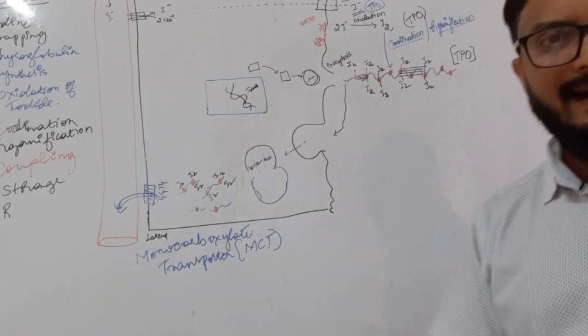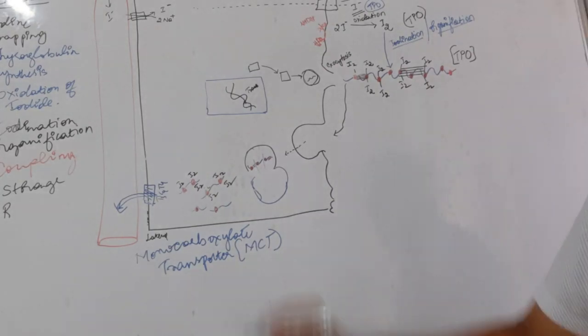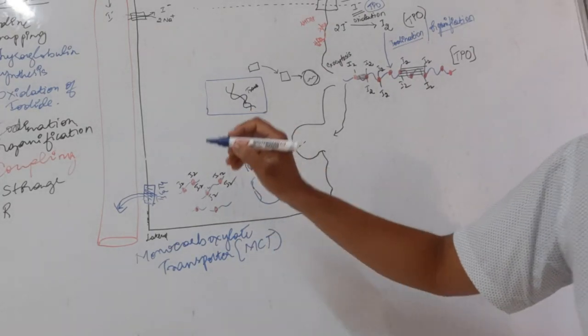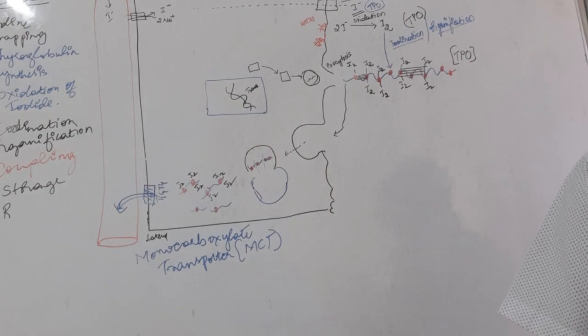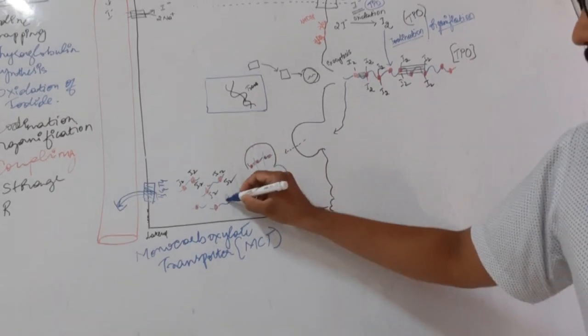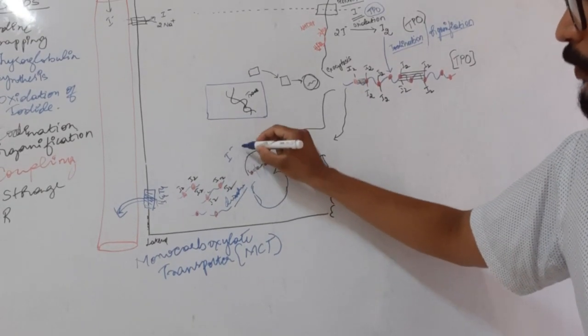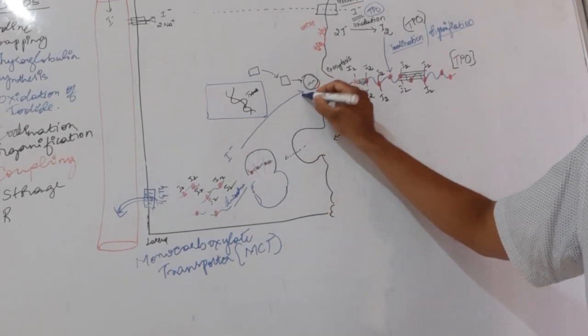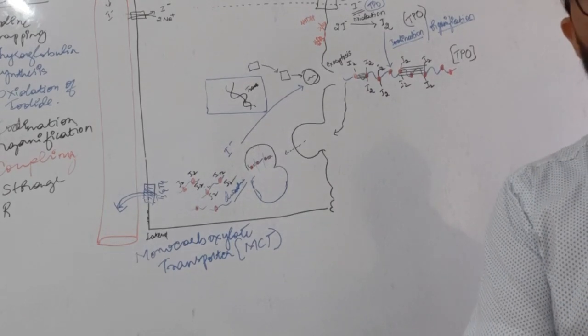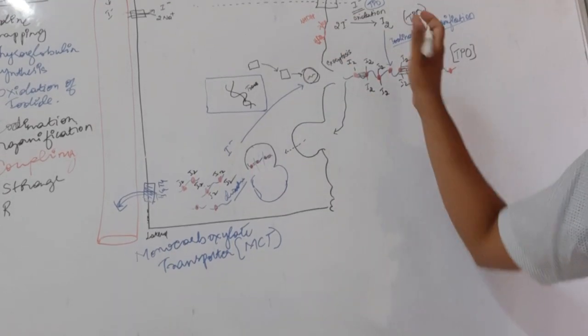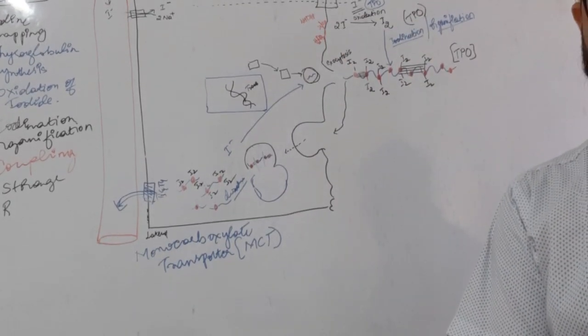The MIT and DIT that are produced may be acted upon by the deiodinase, and the iodide that is produced may be recycled and reused for the production again.